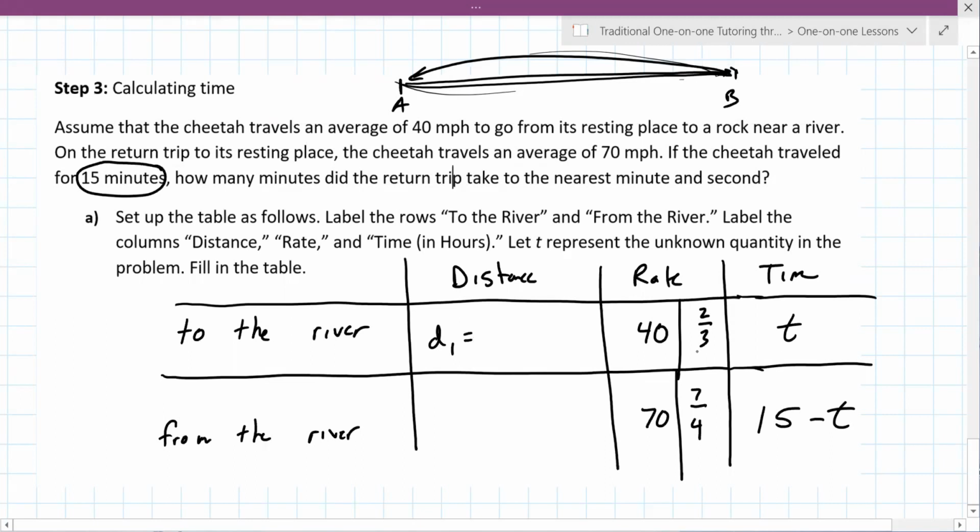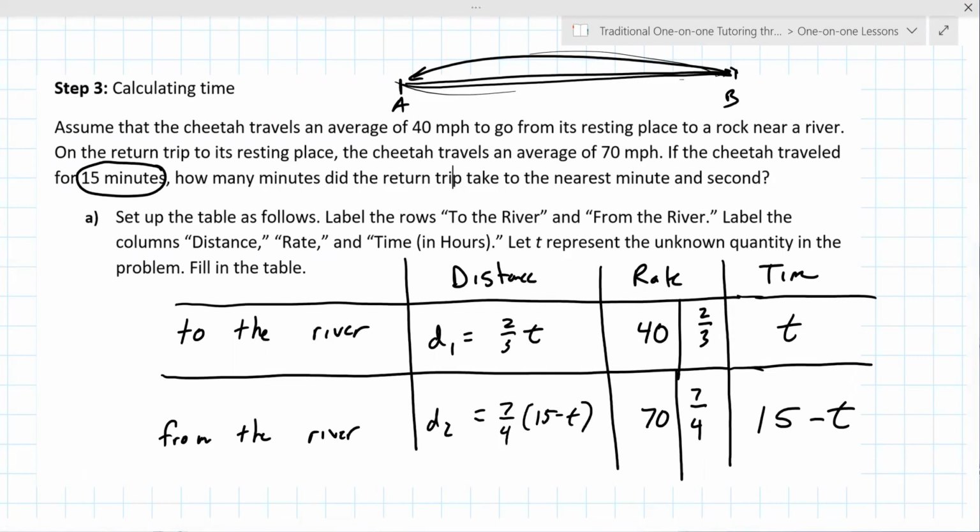But we can also multiply these, so it would be 2/3 times T, because the equation is rate times time. And then this other one would be 7/4 times parentheses 15 minus T. That makes sense. That's how you would do the problem.